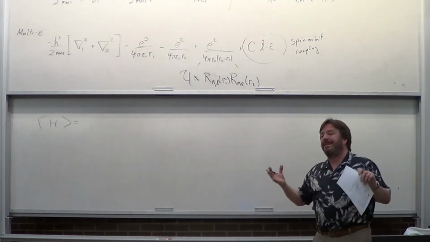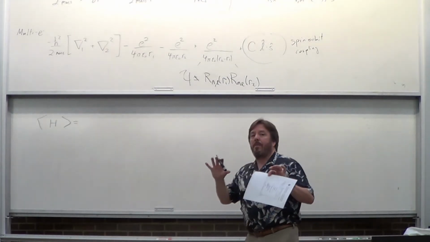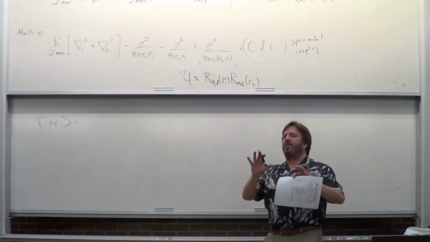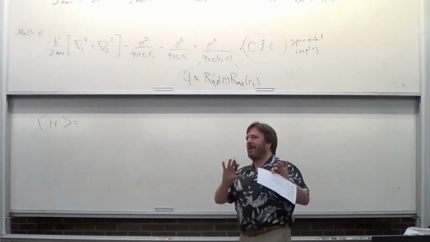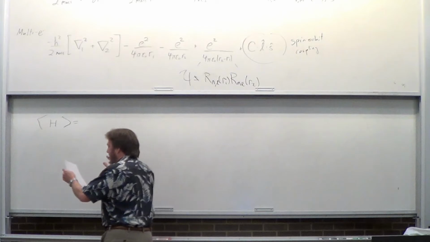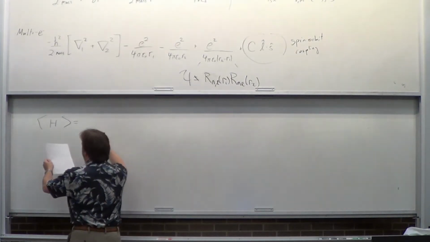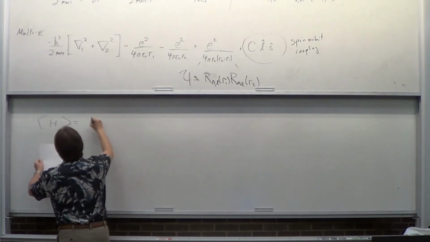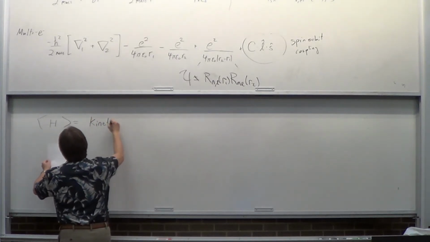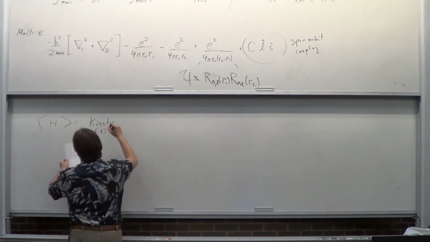These do tend to be decently accurate. Remember I said they're about 1% accurate. The problem is that that 1% is about the energy of the chemical bond, regardless. And so when you do this, what you find is you get kinetic energy. And remember, that's always positive.